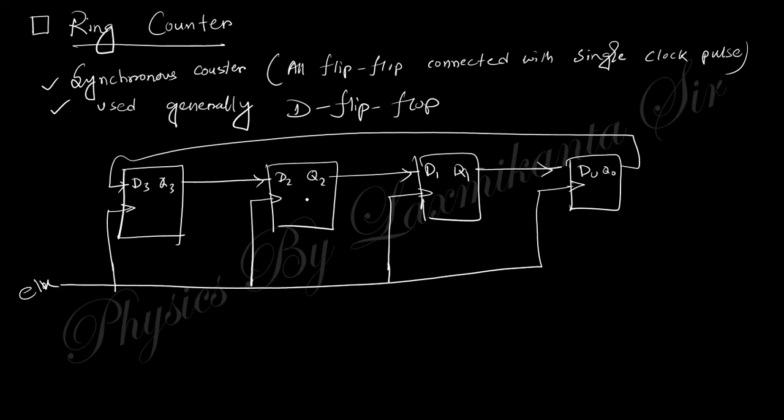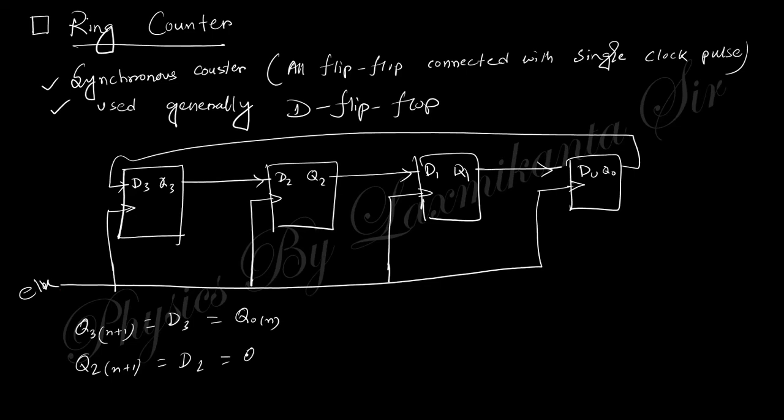Okay, now if you want to understand, Q3 n plus 1 is nothing but D3, and this is nothing but Q0 n. Similarly Q2 n plus 1 is nothing but D2, because you know a D flip-flop just transmits the data.